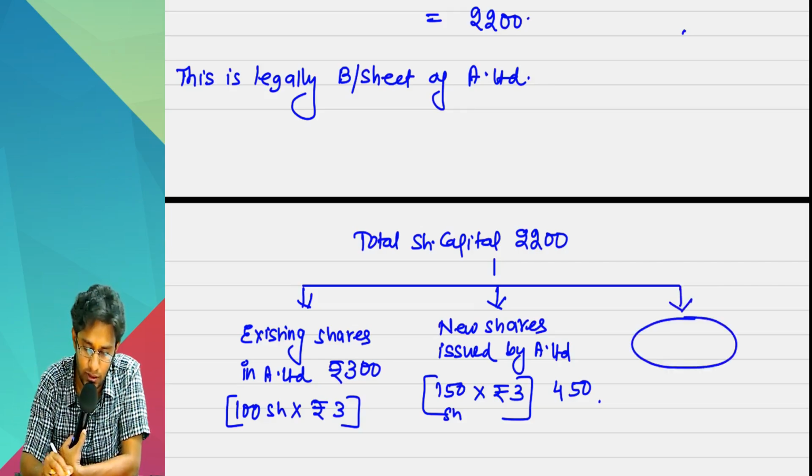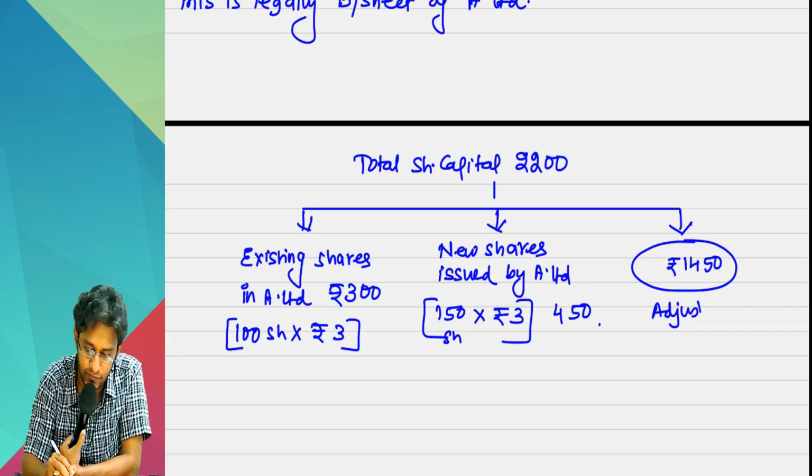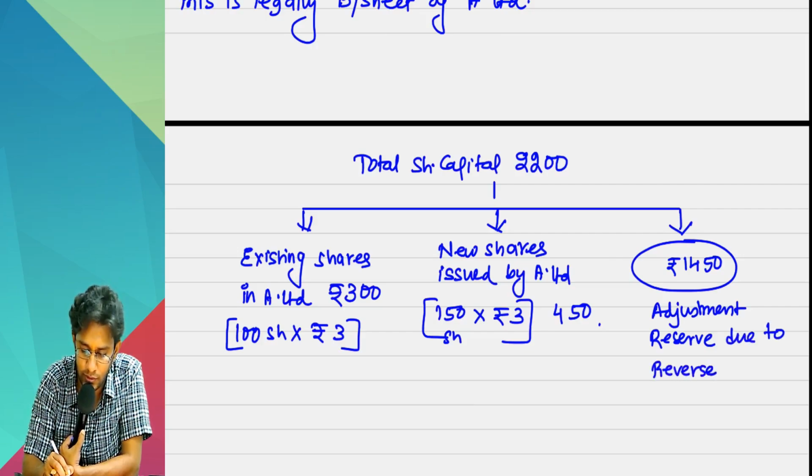The remainder is 1450. This is an adjustment reserve due to reverse acquisition.